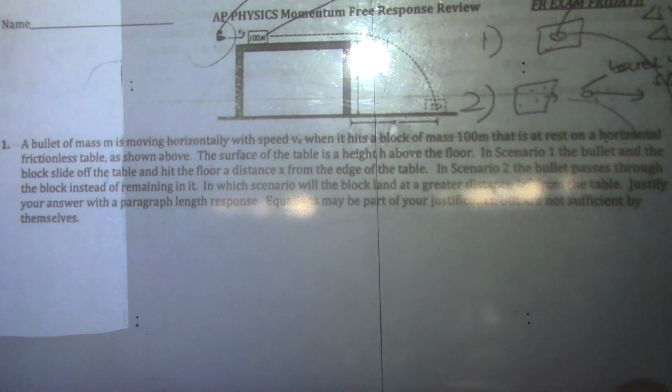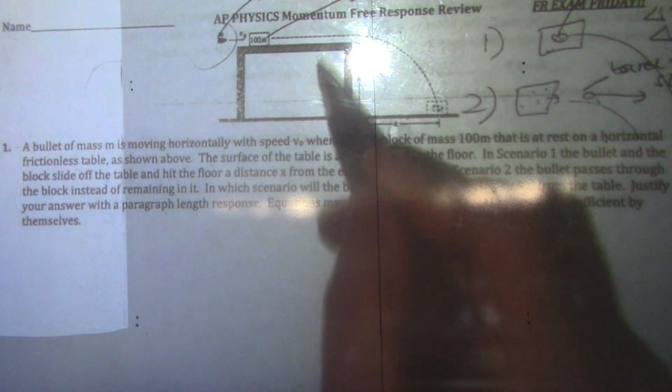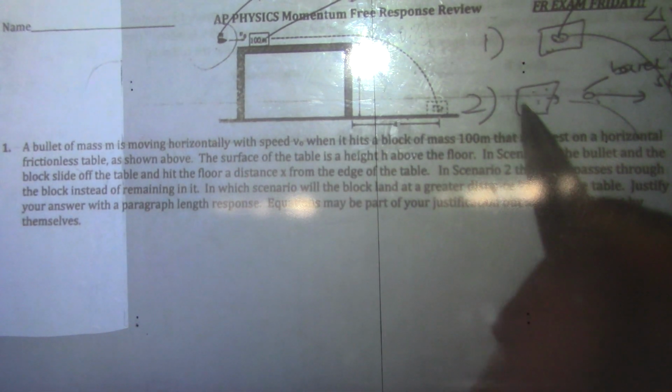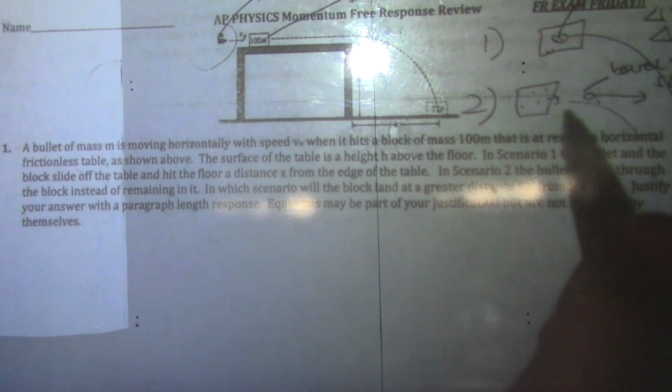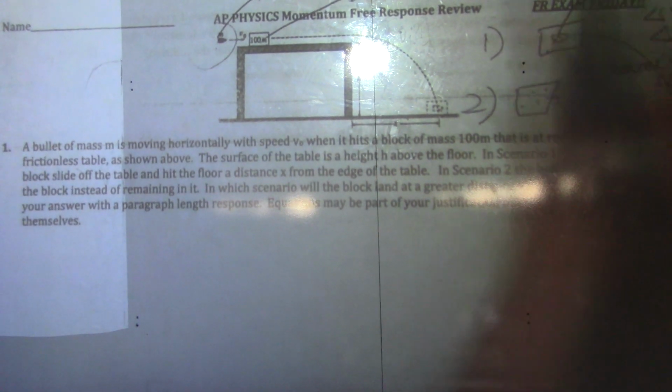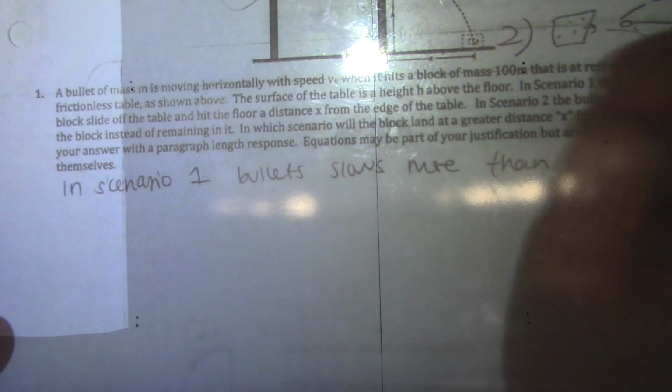So we worked backwards, right? The farther comes from the faster, which comes from the block that has the most momentum, and the momentum comes from the bullet. How much the bullet lost is more in this one, so that's why it's greater. So now my explanation is going to be the forward. In scenario 1, the bullet slows more than in scenario 2.